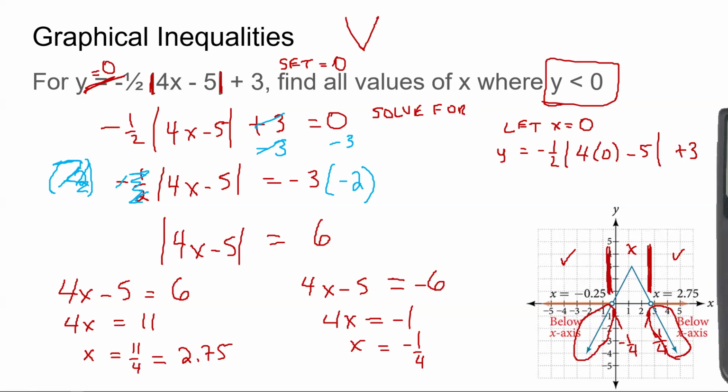And either this is going to come up less than 0, and therefore I want that middle section where 0 is hosted, or it's going to come up positive, and I'm going to say, no, that's not the piece. I already know it's not the piece, but let's just see what it looks like when we do that. 4 times 0 is 0. The absolute value of negative 5 is plus 5. I've got negative 1/2 times that 5, and then I need to add 3.